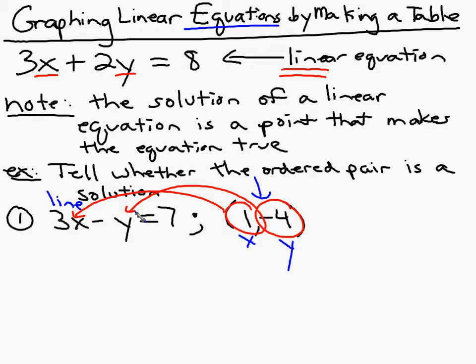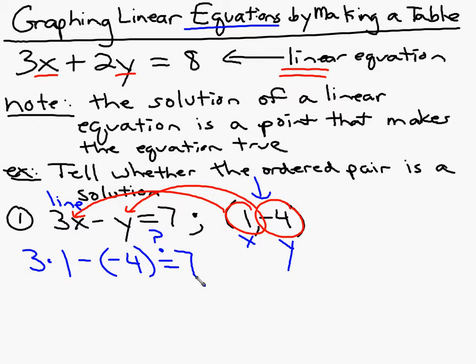So let's do that. I'm going to replace this x with a 1. 3 times 1 minus the y value. The y value was -4, so I am subtracting -4. And I want to know, does that equal 7?